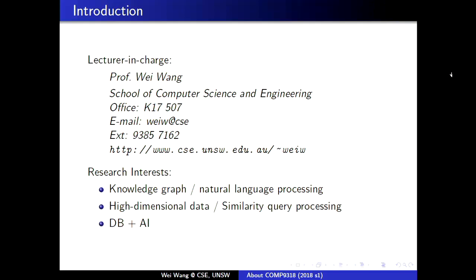Recently, we are doing quite a lot in natural language processing, in order to construct a knowledge graph. I'm also doing high-dimensional data and similarity query processing, and the other newer direction is to integrate AI techniques with data management techniques.